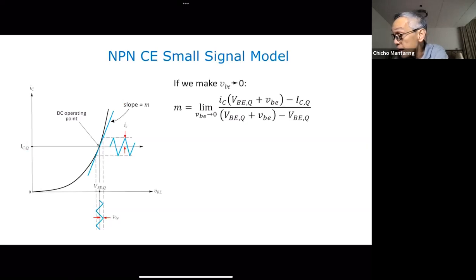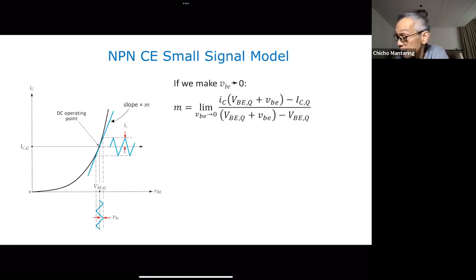And my change in VBE is just VBEQ plus VBE minus VBEQ. In other words, in the denominator, ito na lang yung matitira, yung VBE, because VBEQ will cancel out with this particular VBEQ. So that is going to be the slope of this line.